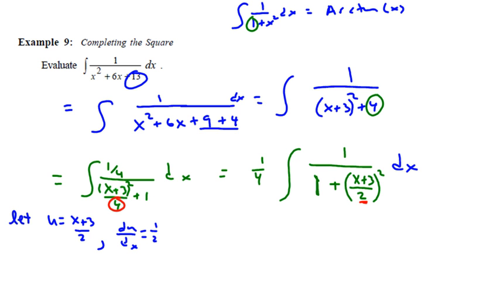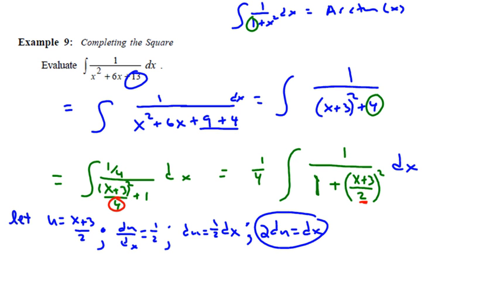So du equals 1/2 dx. Therefore, 2 du equals dx. And now let's do a little bit of work on the next page so that we can actually see what's going on here.